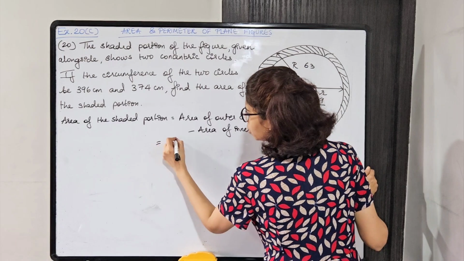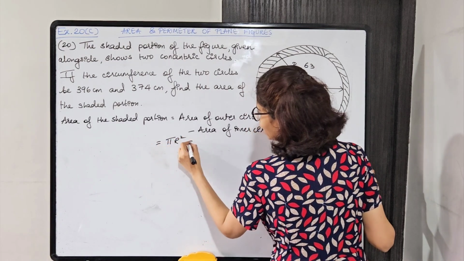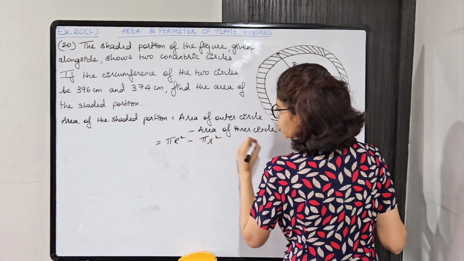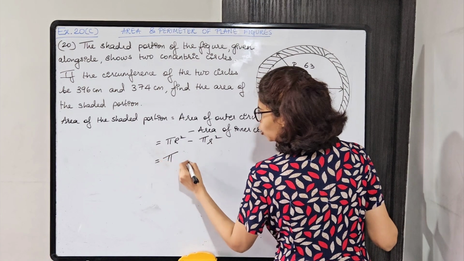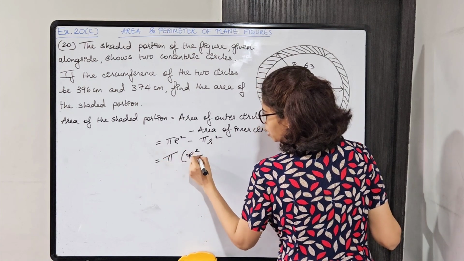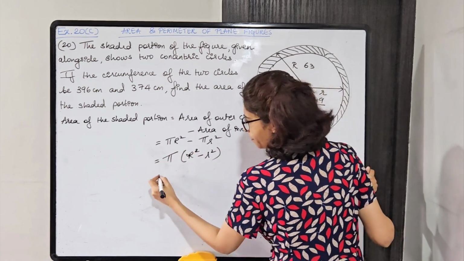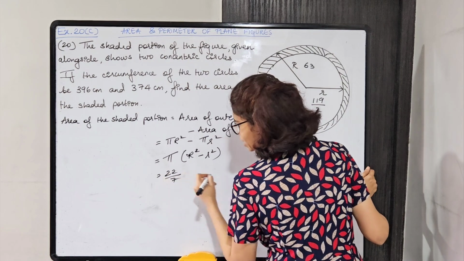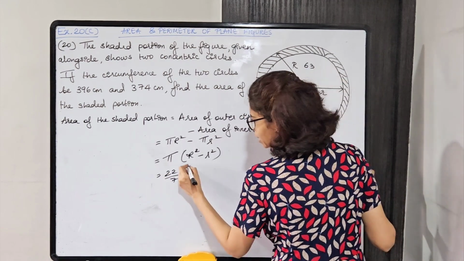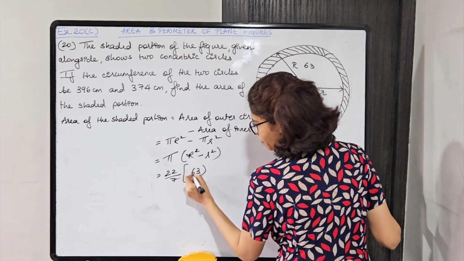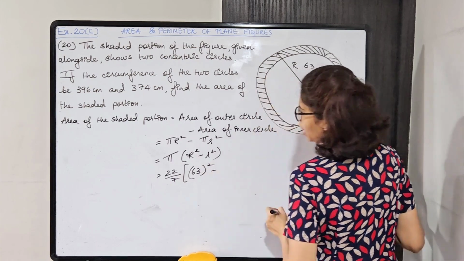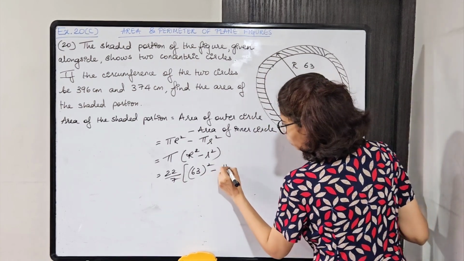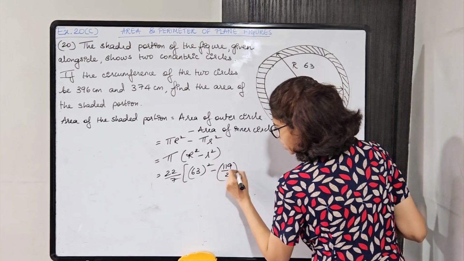Area of outer circle होगा pi capital R square. Area of inner circle pi small r square. Taking pi common, R square minus r square. Pi का value 22 upon 7. R का value 63 squared and small r is 119 upon 2 squared.